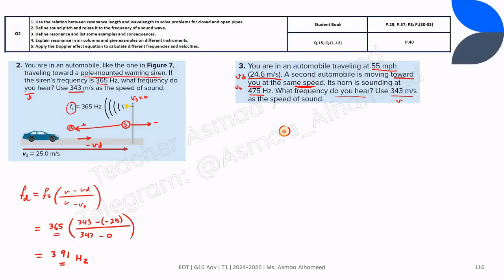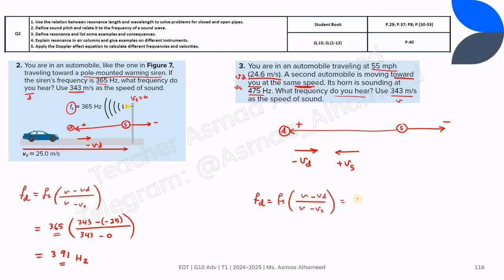So we draw, this is the detector and this is the source, and we said from the source to the detector is positive and the other way will be negative. Now we said that you are moving in this direction, and a source is moving towards you in the opposite direction, so this will be positive Vs. When we substitute, Fd equals Fs V over V minus Vd over Vs. Fs is the source, which is 475.